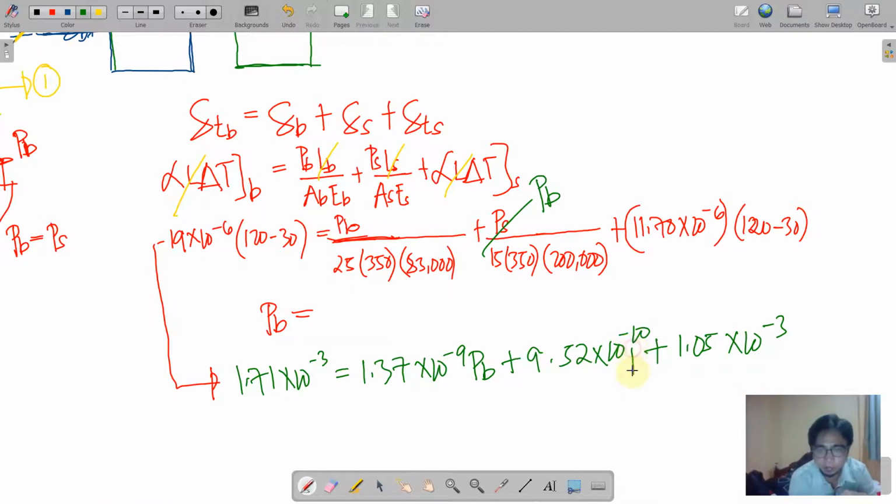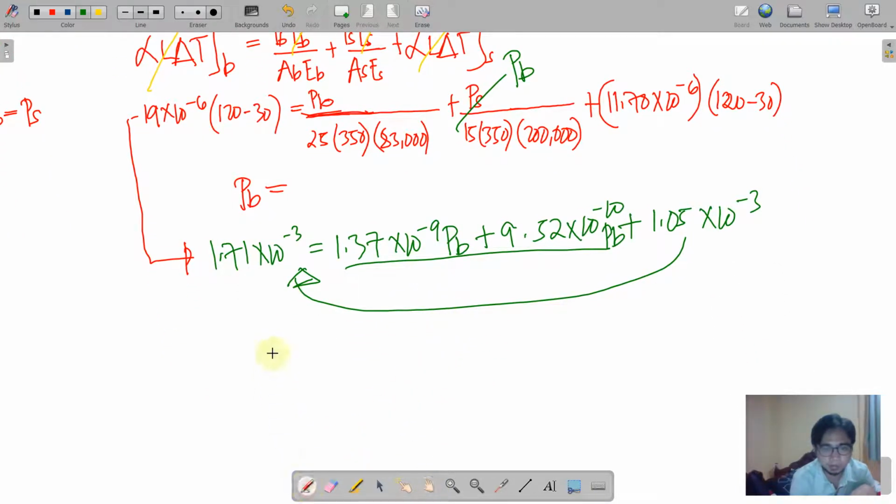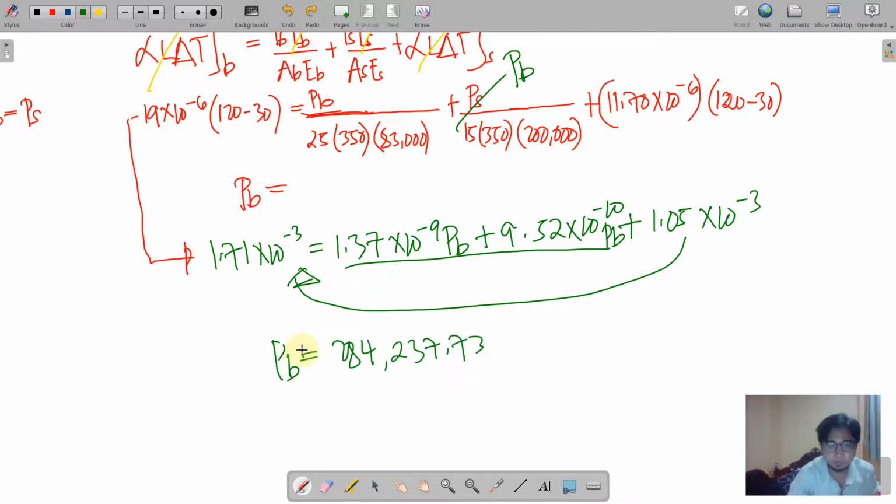By the way, we have here also times PB. So this term will add, and this shall be transposed here and will combine to this, or will subtract to this. Okay, so by that we have PB. We have 284,237.73. So this is in Newton. Okay, so this is also equal to the P of steel.